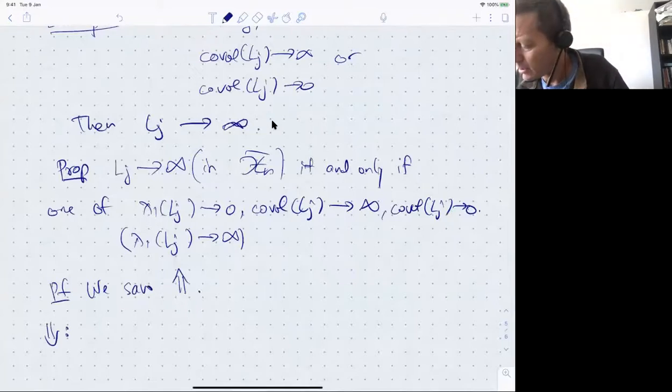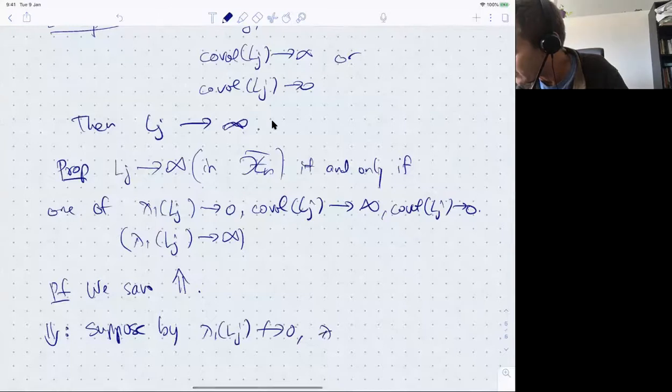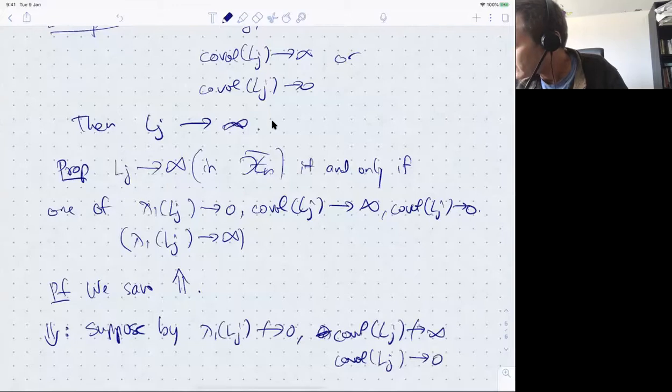So suppose it's a proof by contradiction. So suppose lambda 1 of Lj does not go to 0, and covolume of Lj does not go to infinity or to 0.